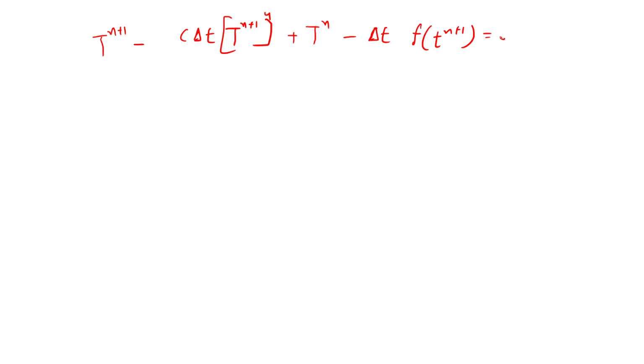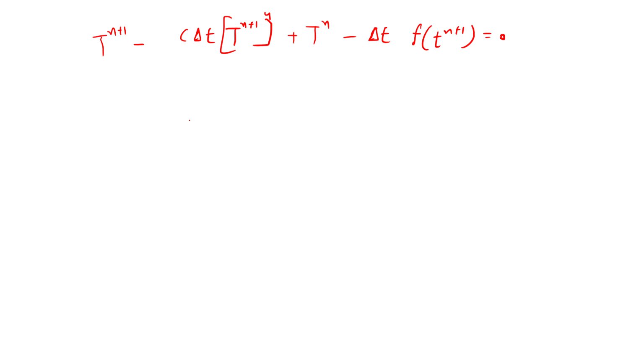The next part is the linearization part. My expression was T^(n+1) minus c delta t (T^(n+1)) to the power 4 minus T^n minus delta t f(t^(n+1)) equal to 0.